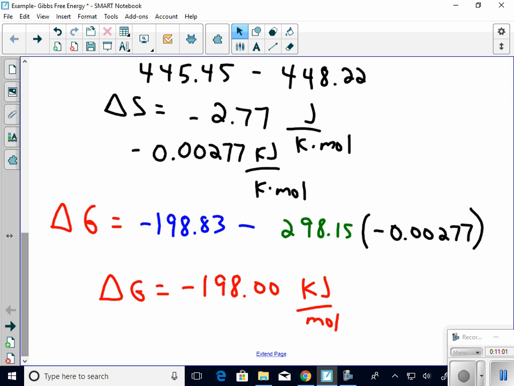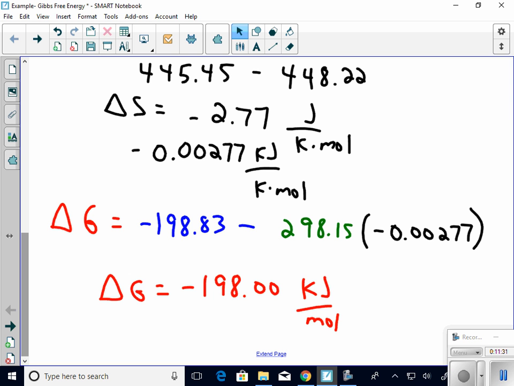However, when we take the test, you'll be specified to use the Gibbs-Helmholtz equation to calculate this. And if you do not do so, then you will miss that particular problem. So you need to know how to do this both ways.